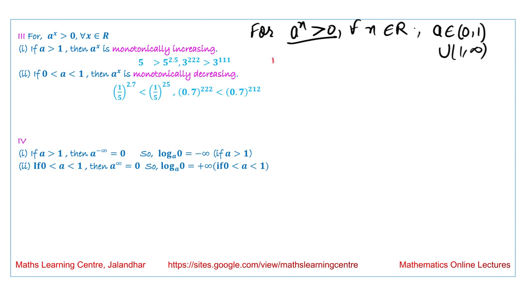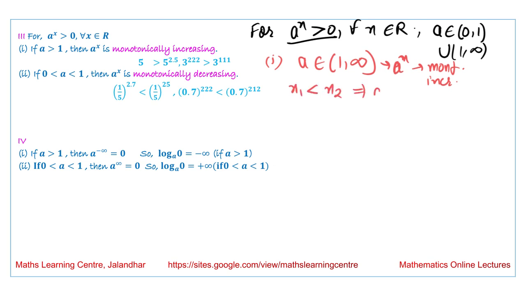When a belongs to the interval 1 to infinity, the function a raised to the power x is monotonically increasing. Monotonically increasing means that if x1 is less than x2, this implies a raised to the power x1 is less than a raised to the power x2.